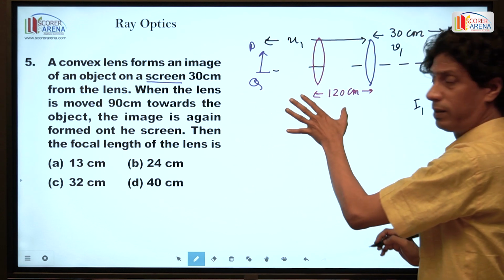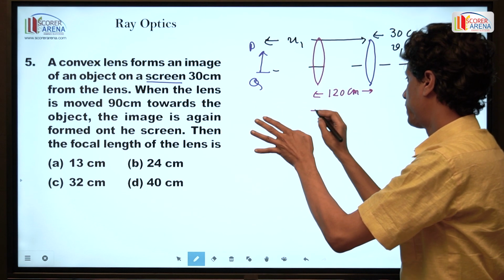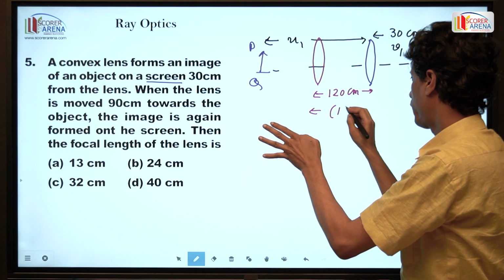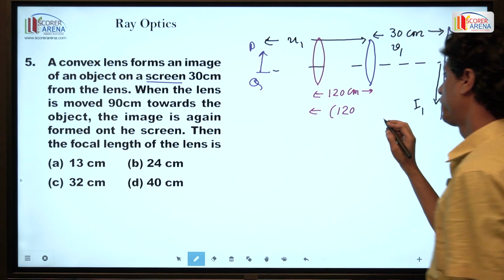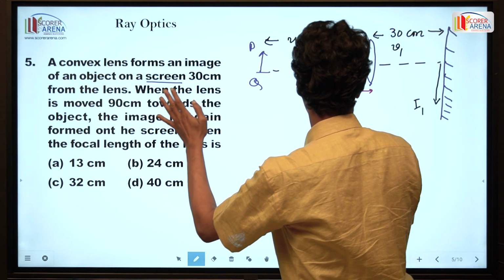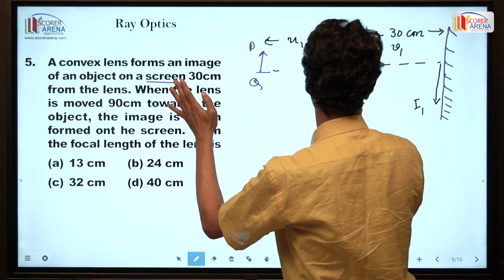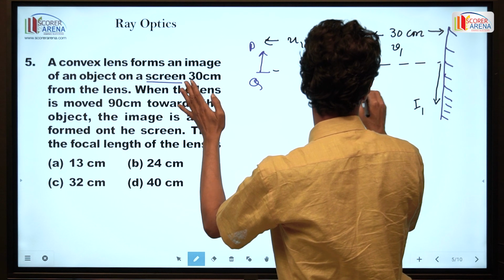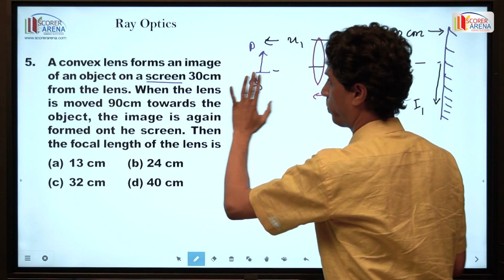Sorry, it is moved by 90 centimeter towards the object.